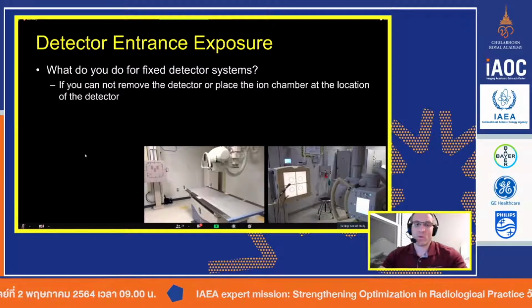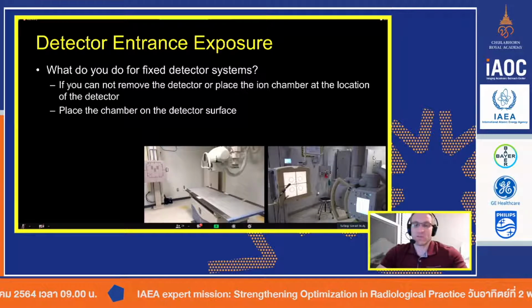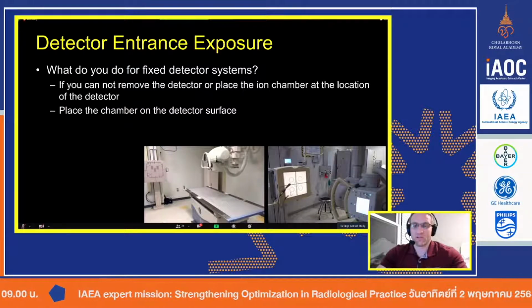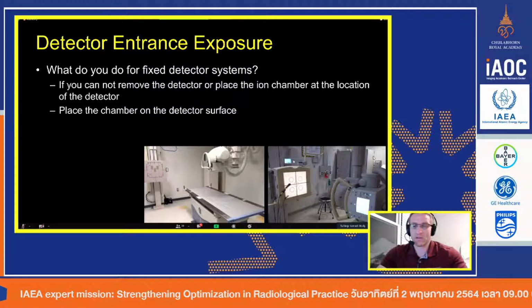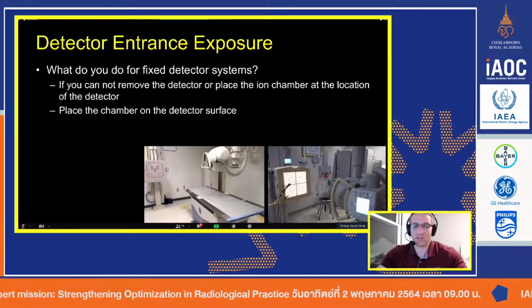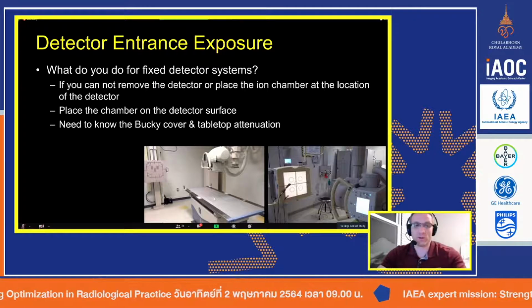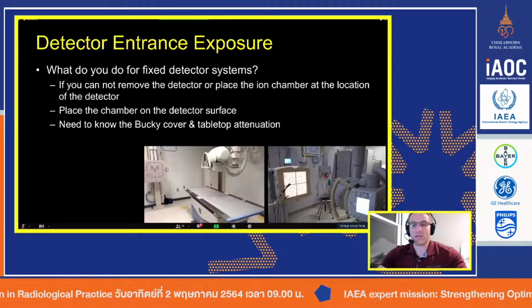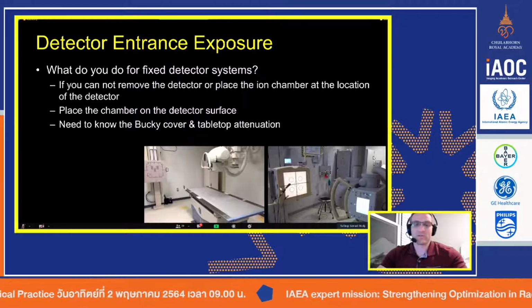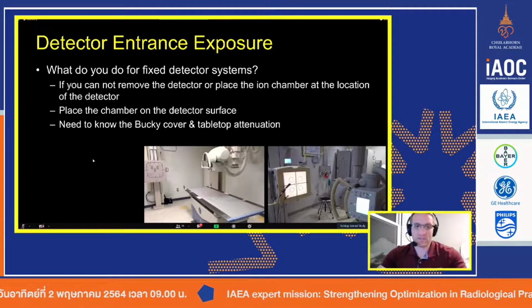The only thing we can do is place our probe directly on the surface, either on the wall bucky or directly on the table. And we do all of the measurements like we normally would. And once again, I would recommend putting lead over it to keep it safe.